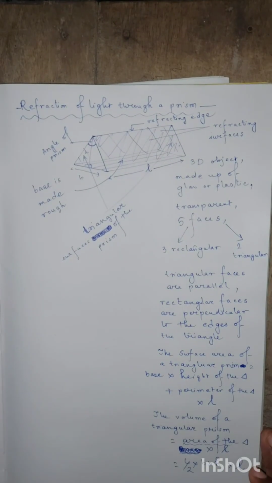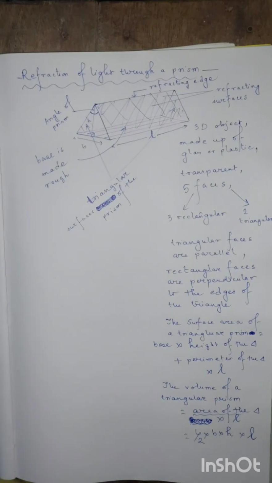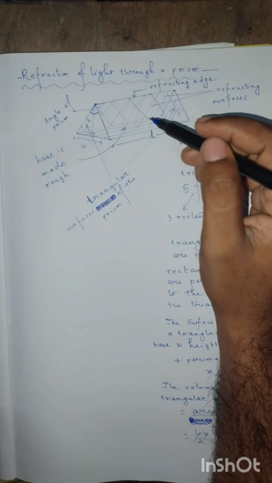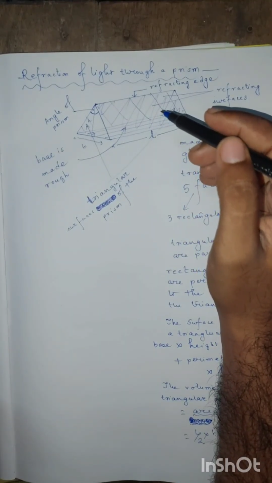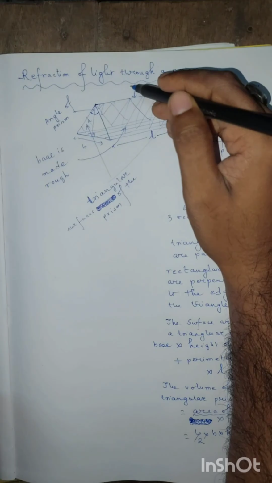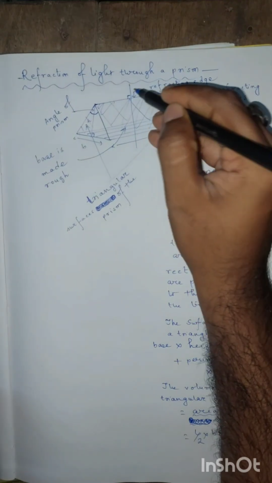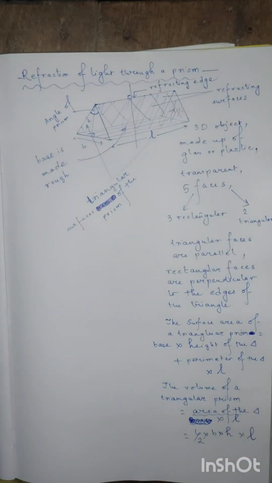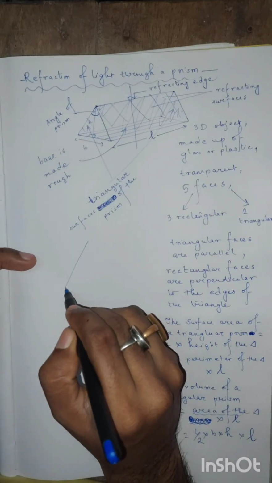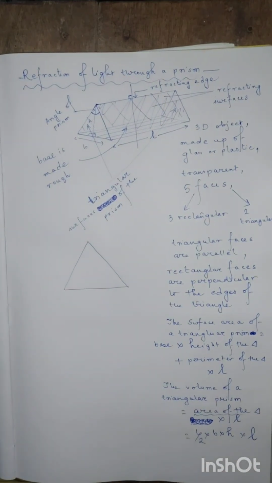Now let us consider one more thing: if we cut the prism perpendicularly, we get a triangular cross section.